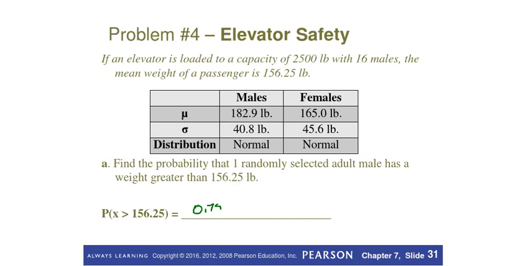My pen doesn't like cooperating with me some days. All right, so this is our problem. We've got a 74.32% chance of just randomly selecting a single male with a weight greater than 156.25.